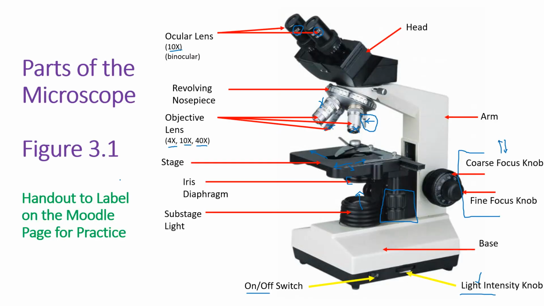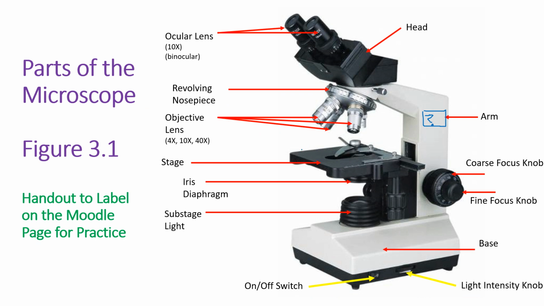So how am I going to ask the question on the test? Well, there's going to be a microscope sitting in front of you. It's not going to be on a sheet of paper. It's going to be an actual microscope. And I will put a sticker right here and say, name that structure. It's supposed to be a question mark, by the way. Name that structure. And then on your answer sheet, you would put arm.